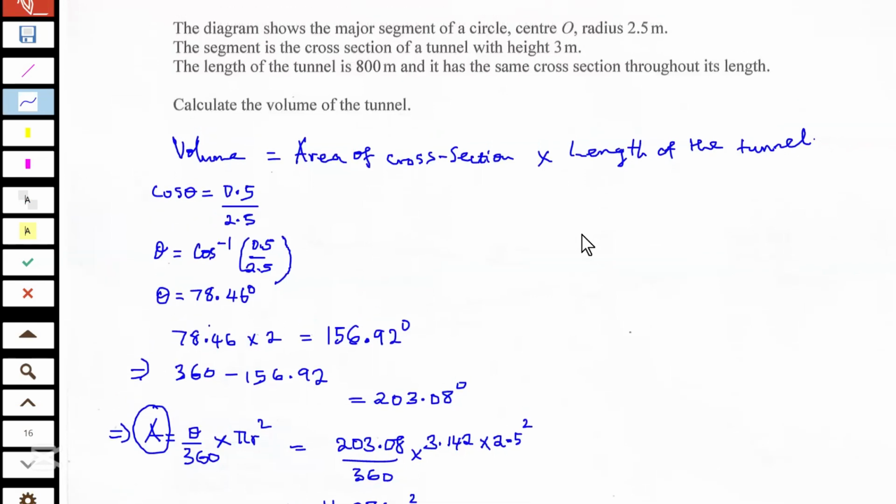So I'm going to multiply the area of the cross section, 12.301, by the length of the tunnel, which is 800 meters. If you multiply this using your calculator, you're going to get 9,840.8 meter cube.